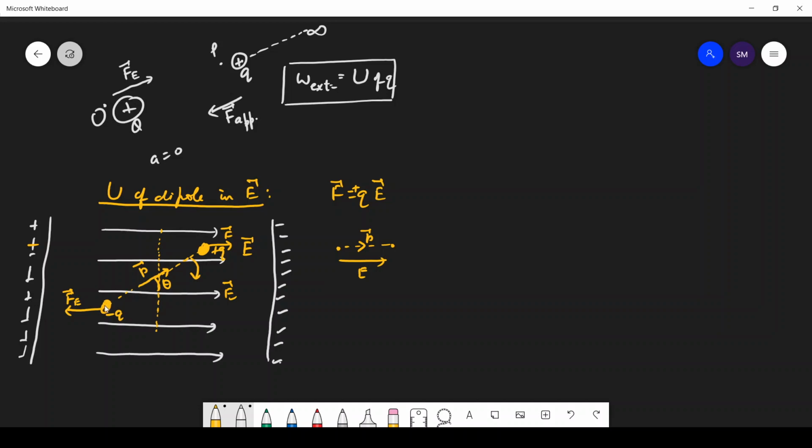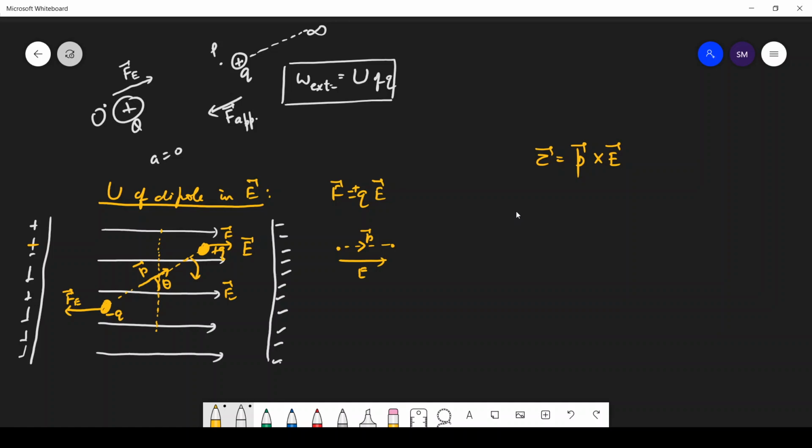So here, as the forces are equal and opposite, there is no net force, but as they are along different lines of action, we will have the torque. And that torque is given by tau equals P cross E.